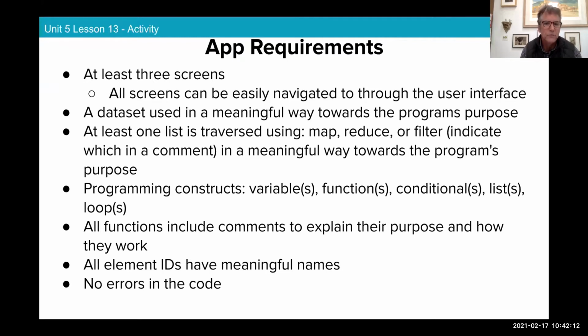At least one list is traversed using map, reduce, or filter. Indicate which you're using in a comment, and it needs to do that in a meaningful way towards the program's purpose. All right, all functions include comments to explain their purpose and how they work. All element IDs have a meaningful name, not button 1, button 2, button 3, or screen 1, screen 2, screen 3, but home screen, answer screen, you lose screen, whatever. No errors in your code, okay?